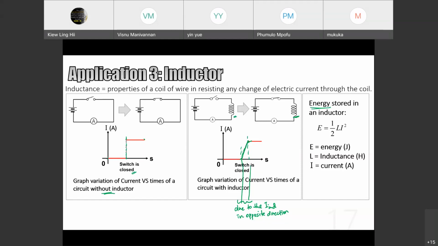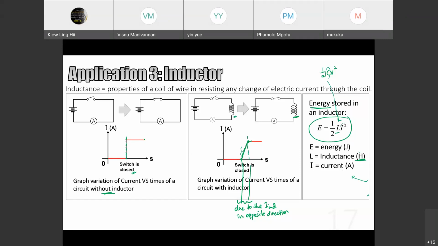The energy contained in the solenoid or inductor is given by half L I squared, just like the energy in your capacitor, half C V squared. L is the inductance. The unit for inductance is H, which stands for Henry. I is the current.